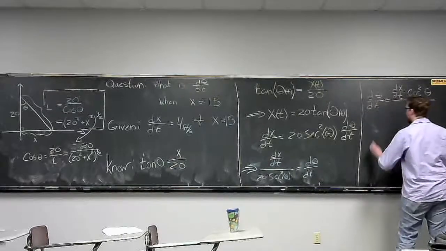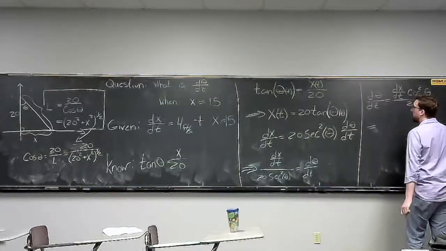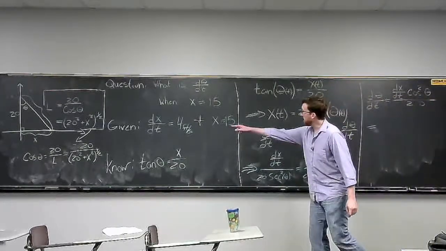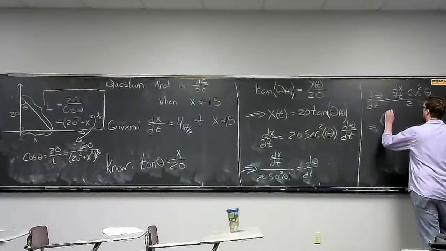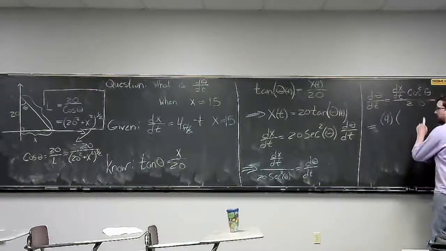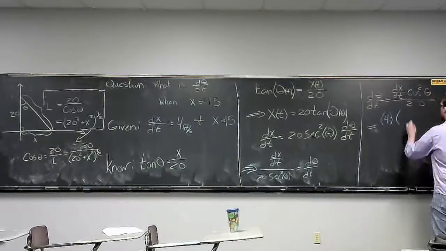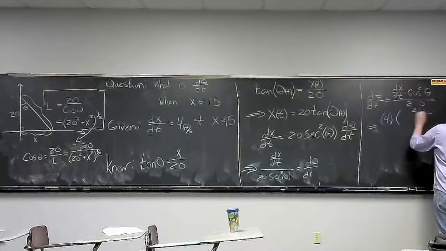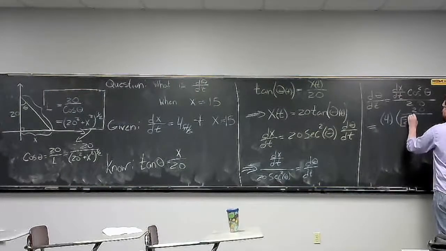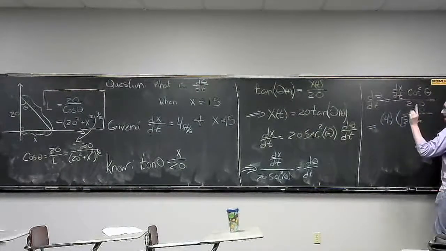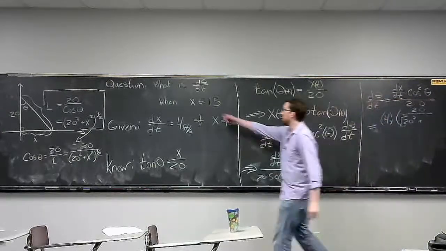And when we do that, we get that, well, we know dx dt is equal to 4. We know that cosine is equal to 20 divided by the quantity 20 squared plus x, but x is 15.